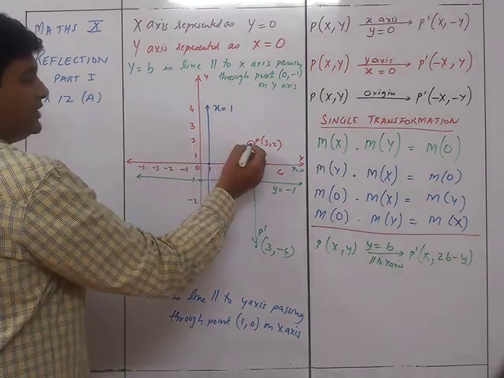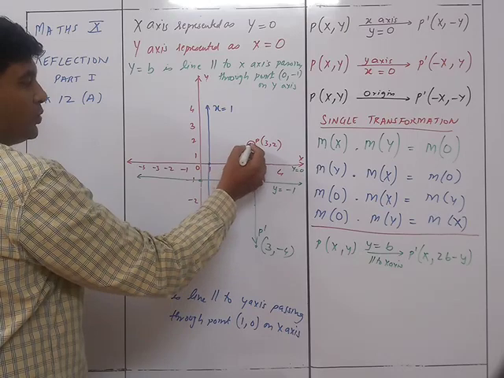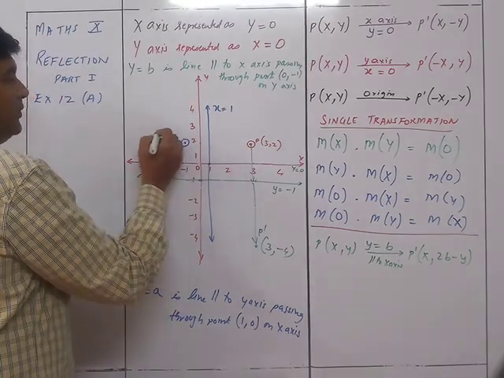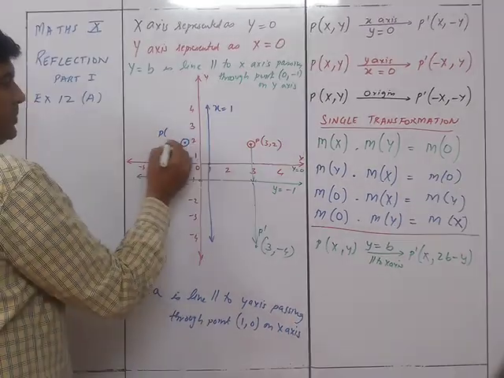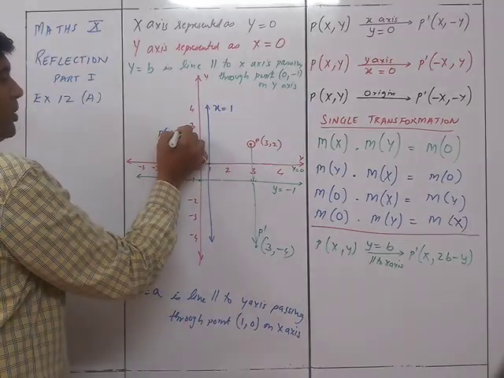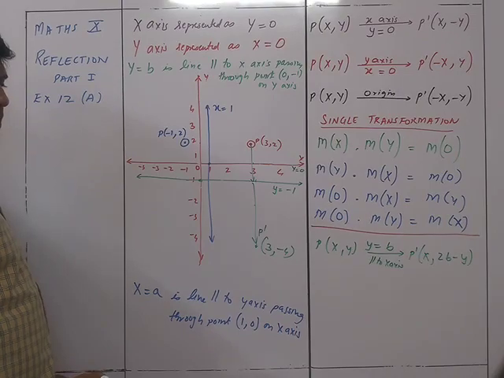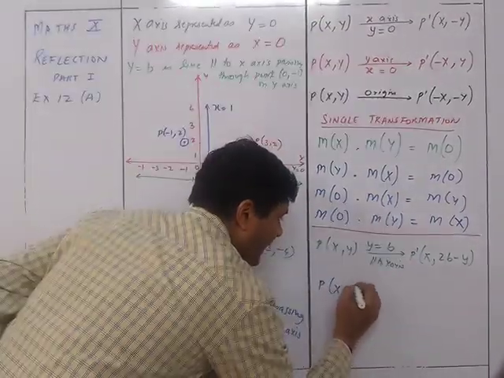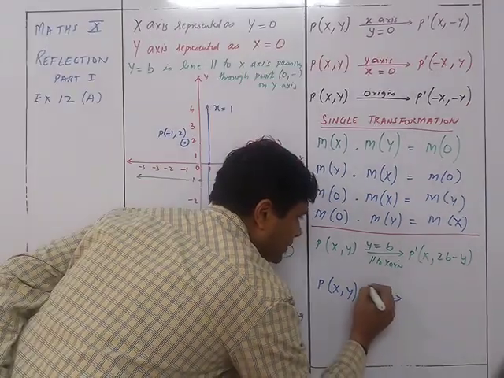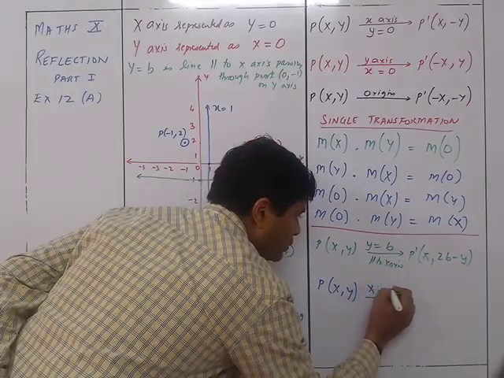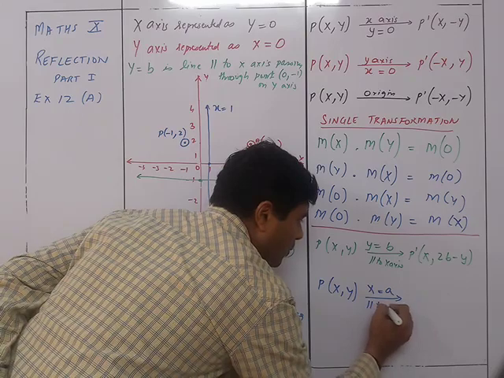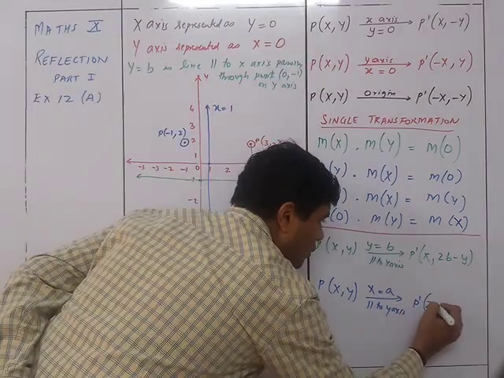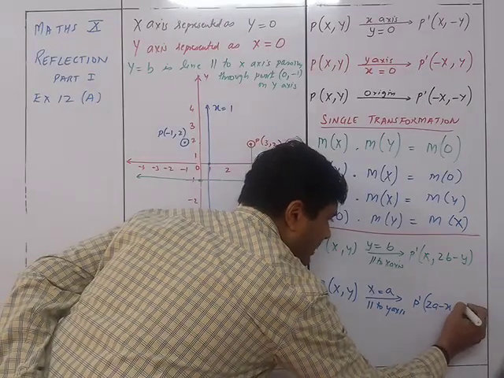So if I got this particular line and it is reflected here, so it is (1, 2), so the reflection P dash will be here as (minus 1, 2). Let's see the formula for this. P(x, y) under the reflection of x = a, parallel to the y-axis, P dash will be (2a minus x, y).